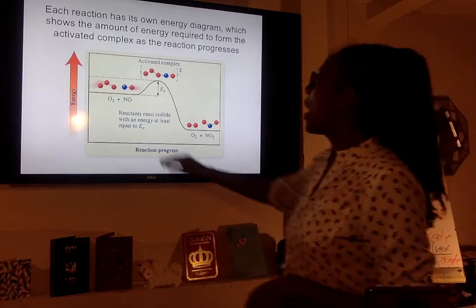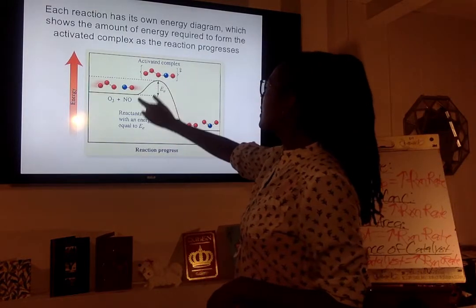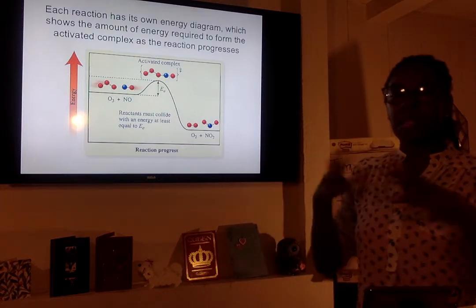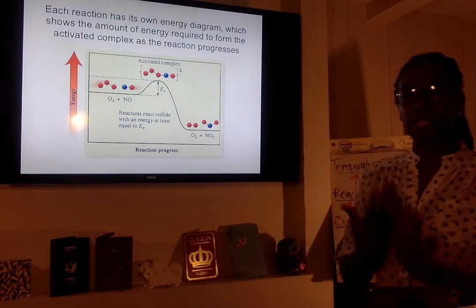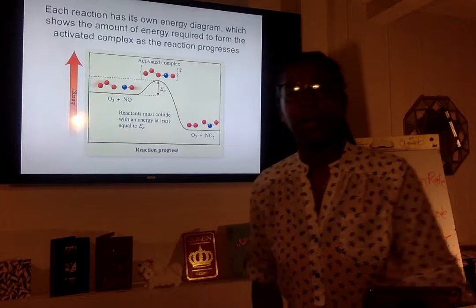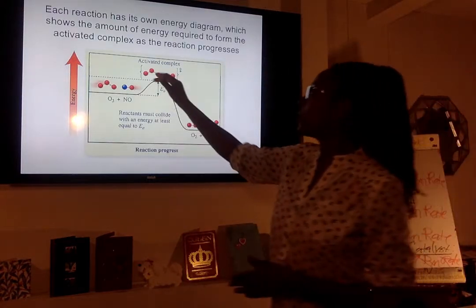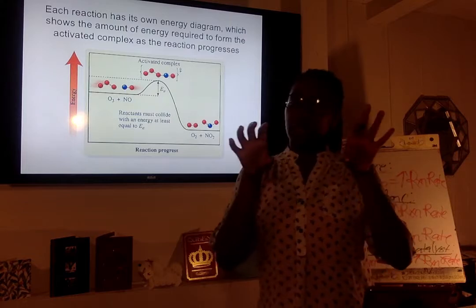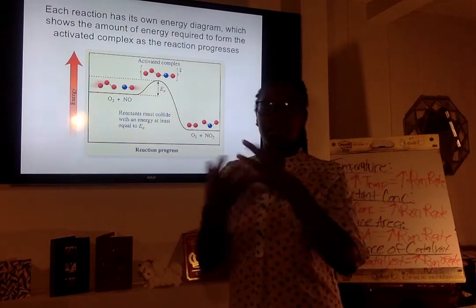So it shows you how much energy is needed to get to this activated complex. The activated complex is the peak of the amount of energy that's needed to go past the barrier in order to go to the products. And that's not an intermediate, but kind of an in-between area when they're all near each other, right?